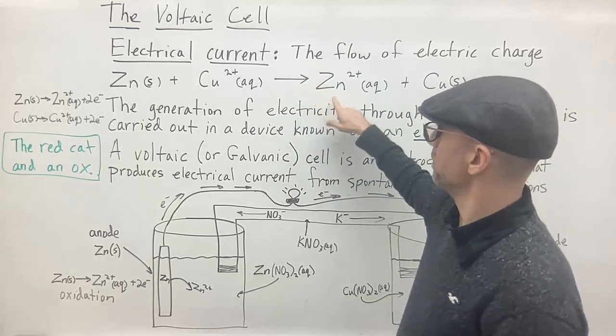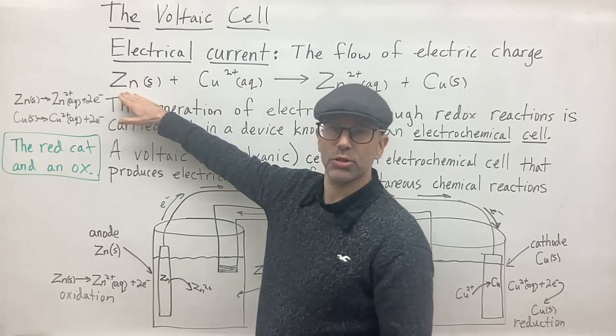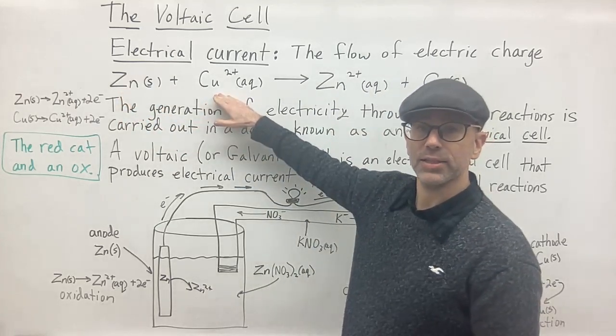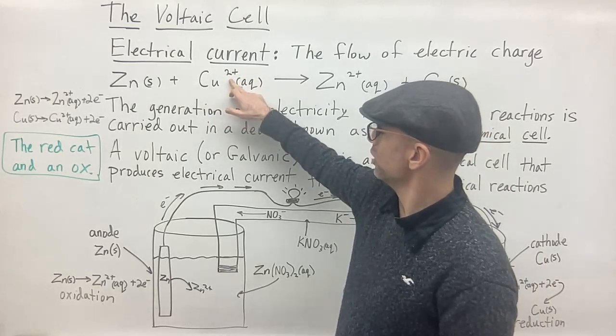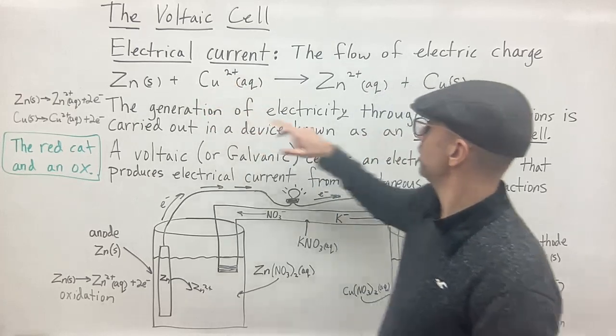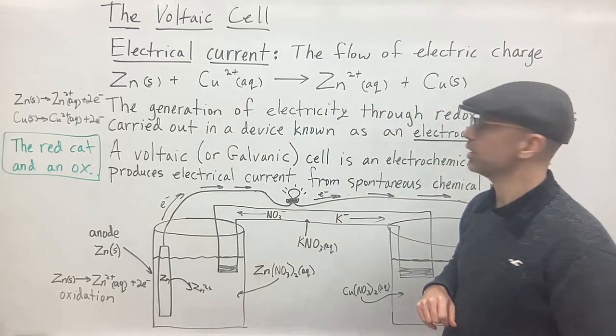What's happening is the zinc is going to transfer 2 electrons to the copper, and that's going to reduce the charge. So the charge on the copper is going to go from 2+ to a 0 charge. So the copper becomes a solid.